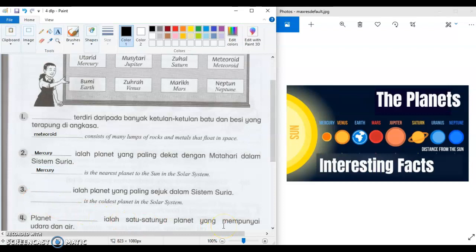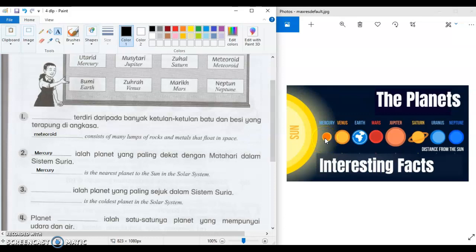What is the coldest planet in the solar system? Okay. Kalau yang paling dekat, the nearest planet in the solar system to the sun will be the hottest planet. Okay, so Mercury is the hottest planet because Mercury is the nearest planet to the sun.